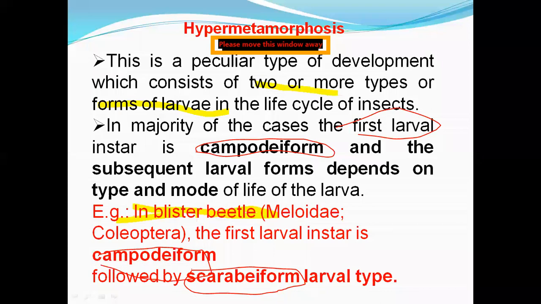Even in larvae there are different types: campodiform, scarabidiform, eucephalus, polypod larva, protopod larva. These are the two types that occur in the blister beetle during the life cycle.